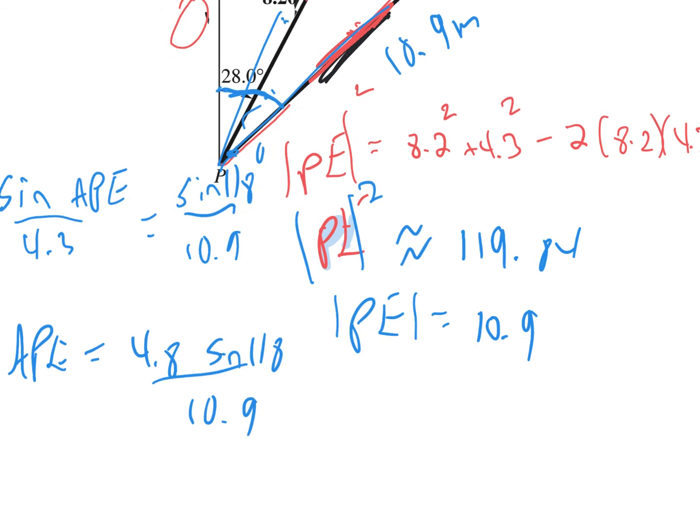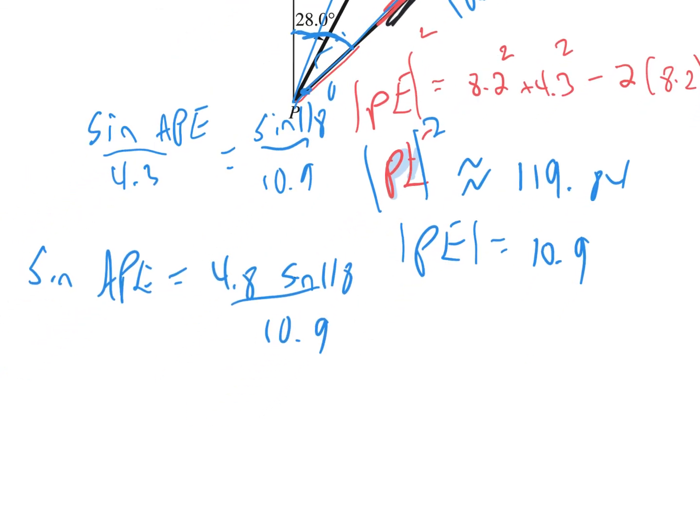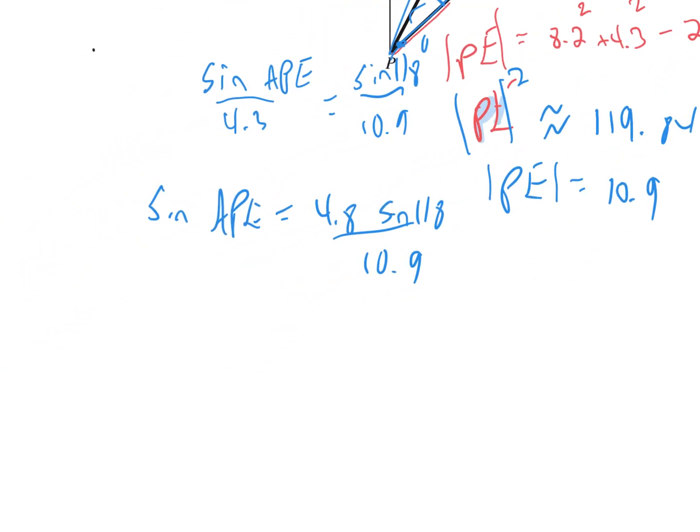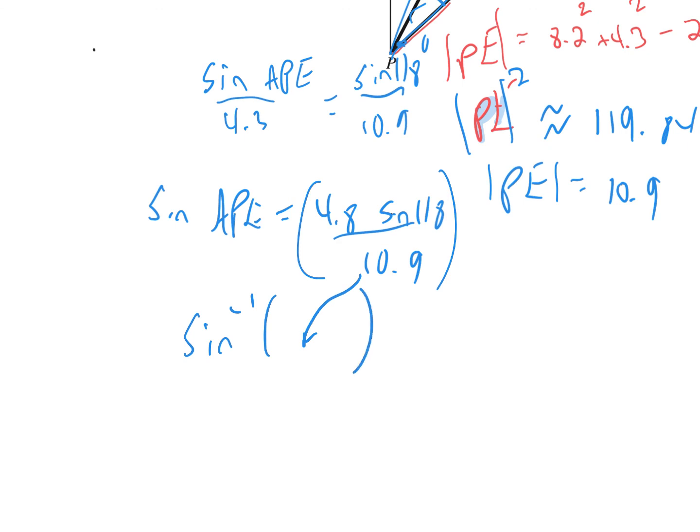Is that what we had for an answer? Yeah, 10.9. So you're going to get a decimal answer and then do arc sine of this. You can do it all in one step. Arc sine, put the math in it, hit enter.